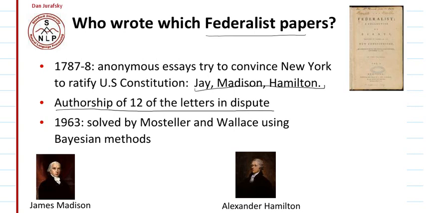So for 12 papers the authorship was in dispute, that these 12 papers may be written by either Madison or Hamilton. So in 1963, Mosteller and Wallace used Bayesian methods, specifically the naive Bayes, and they identified and solved this problem, that these 12 papers were actually written by a particular person.